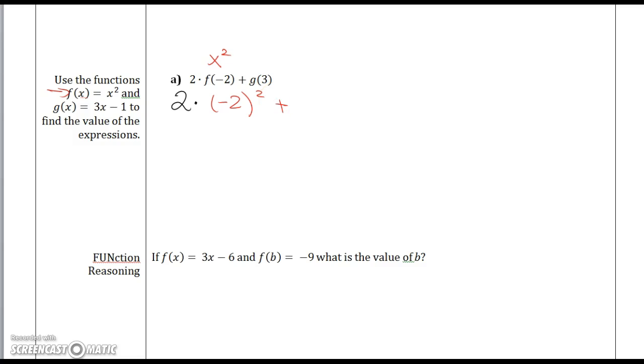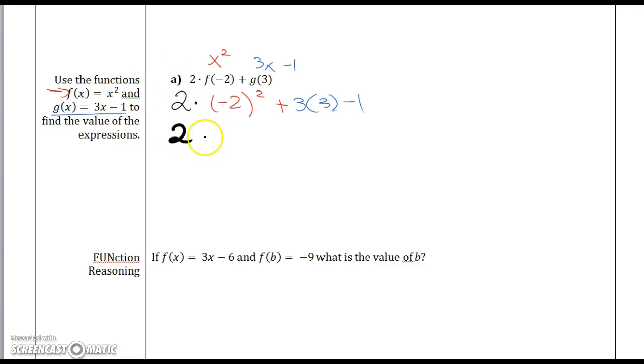Plus, I want to call out the function g. So what's g of x? Well, g of x was 3x minus 1, but I don't want to use an x. I want to use 3 here instead of x. 3 times 3 minus 1. And then simplify.